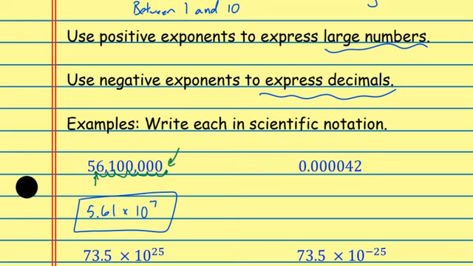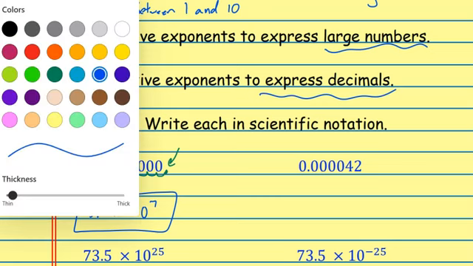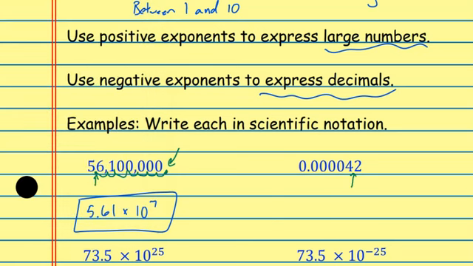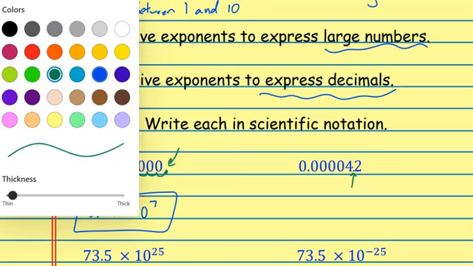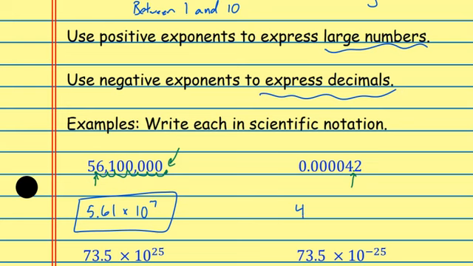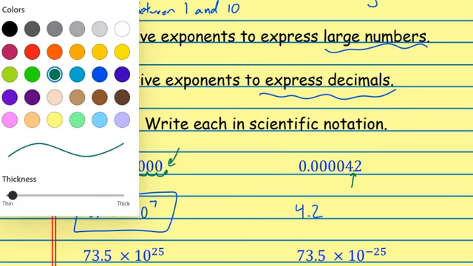I do the same thing when I'm going the other way, except I use a negative number to express really small decimals, all right? So once again, I need to determine where I'm going to place this thing. And when you look at this, to get a single digit followed by decimal, I need to put the decimal point between the 4 and the 2 right here. And so I place it between the 4 and the 2 as a 4.2, and then it's just a matter of counting how many spaces I moved the decimal.